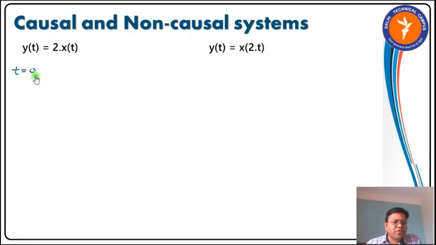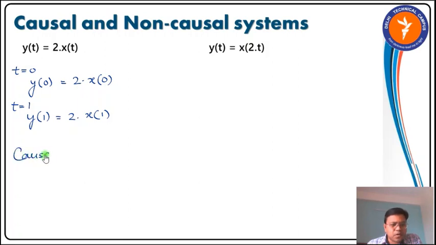Then y(0) will be equal to 2 times x(0), and let me take another instant t equal to 1. At t equal to 1, y(1) is equal to 2 times x(1), and in both the cases we can see that the present output is dependent only on the present input, and hence we can say that the system is a causal system.